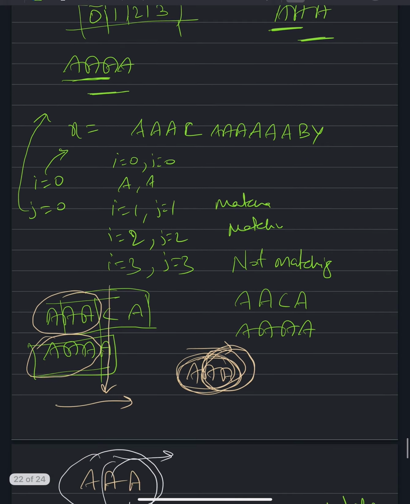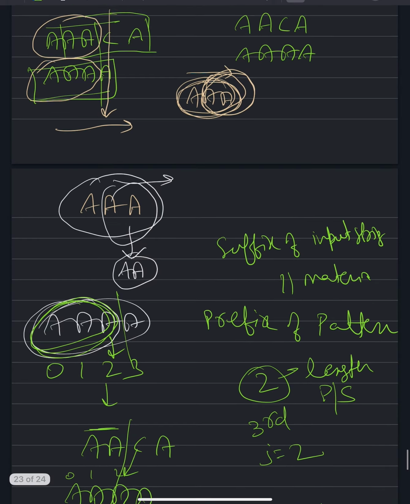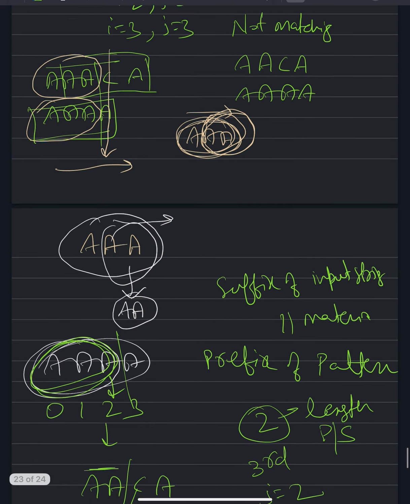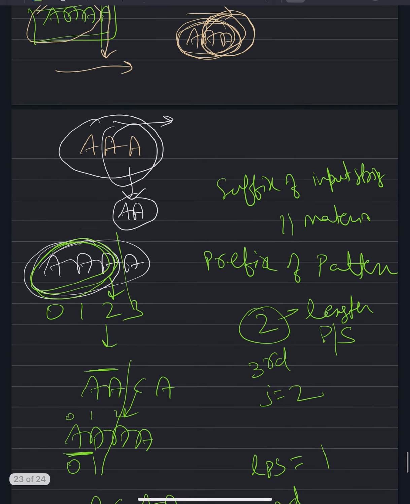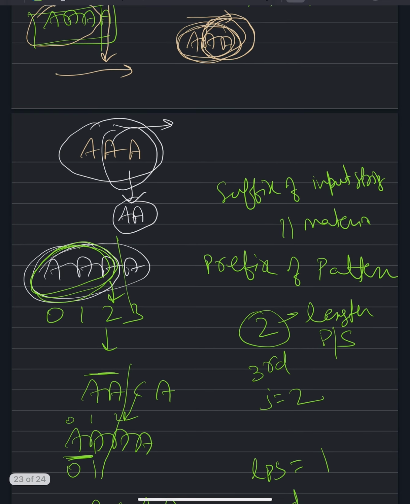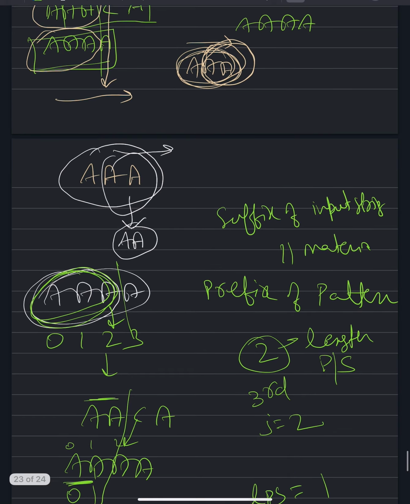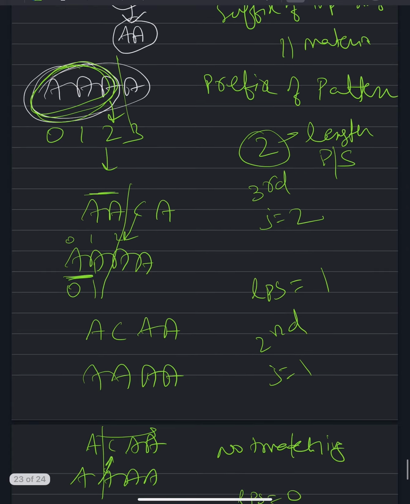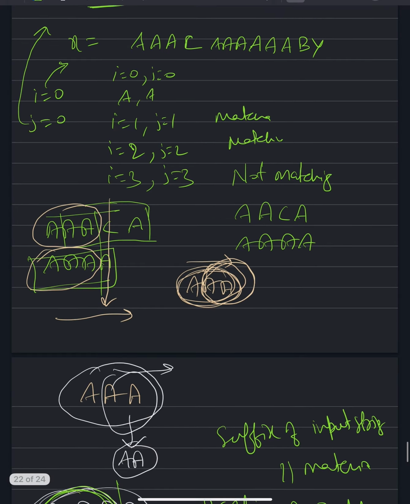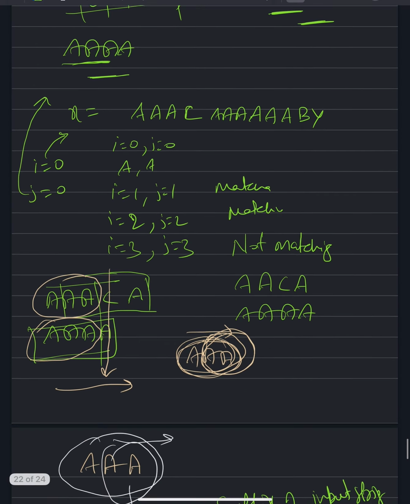Prefix suffix is helping us when we are moving toward the right. It is helping us get that index which is equal to the length of the suffix of the matching string and the length of the prefix of the pattern.